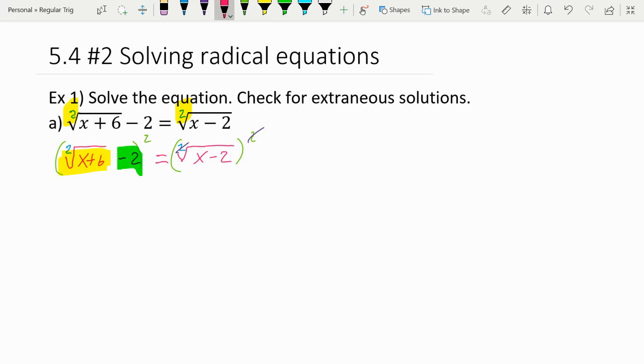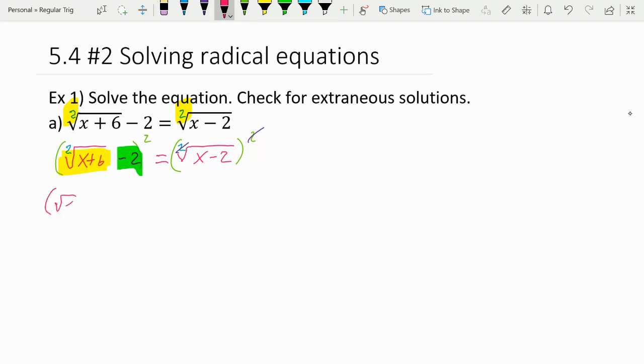So what happens when you have something to the second power? Let's say we had x minus 3 to the second power. Remember what you do. You write x minus 3 two times, and then you would multiply, double distributive property, FOIL, whatever you call it. Same thing here. We're going to write this thing out twice.